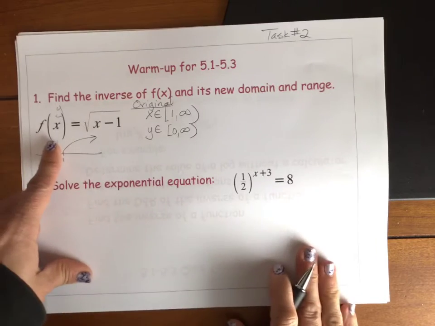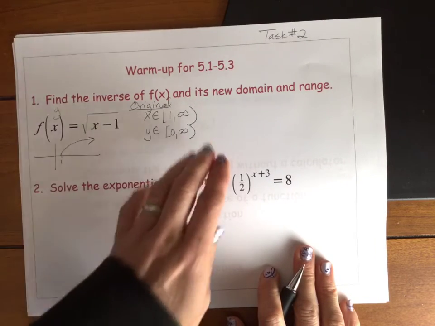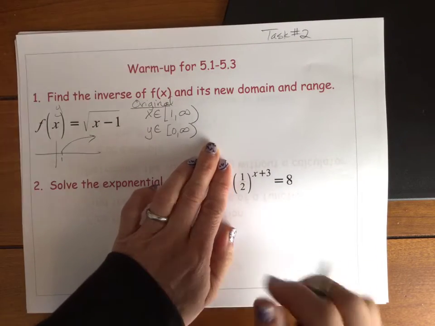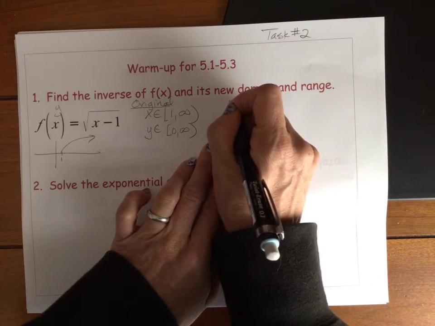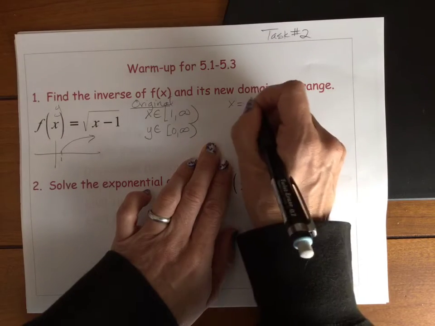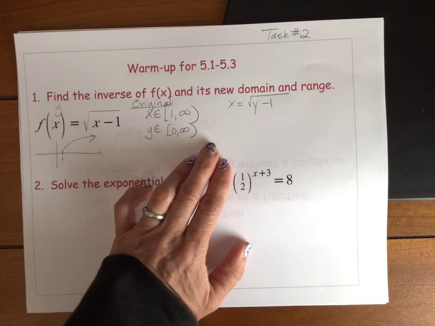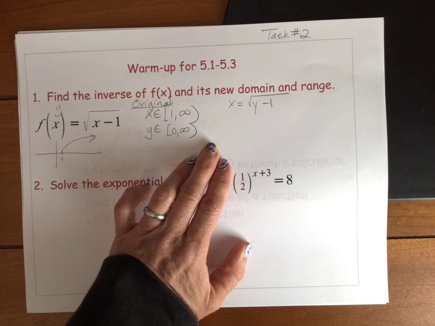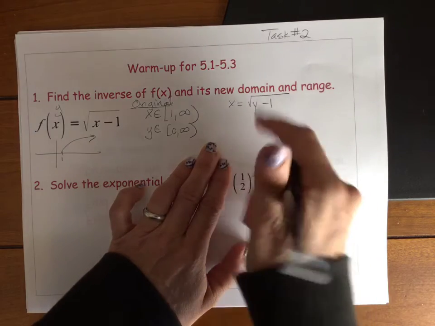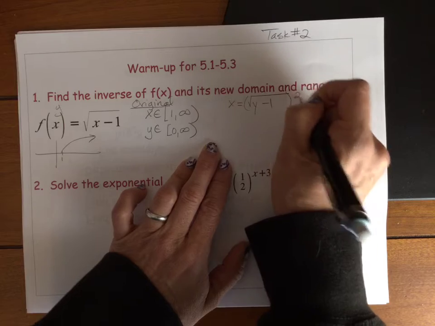All right, so now finding the inverse is when I'm going to switch x and y. We remember that f of x is the same as y. So the first step in finding the inverse would be to say x equals the square root of y minus 1. Now I need to solve for y. To undo this square root, I need to square both sides.